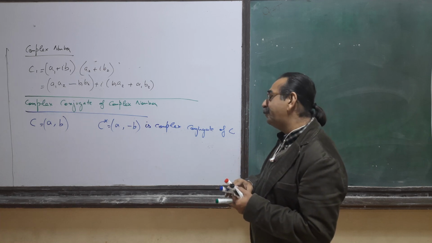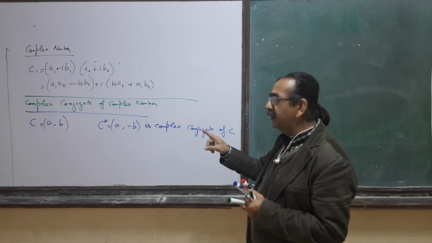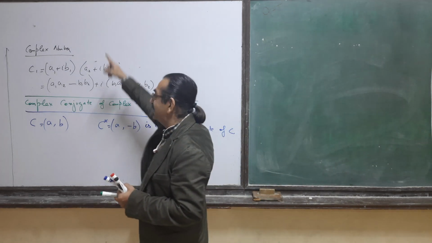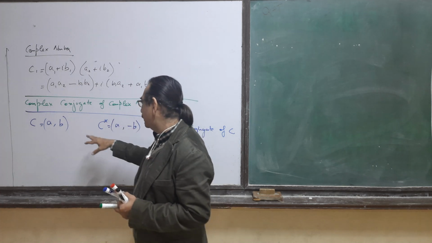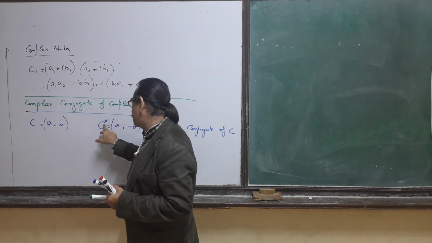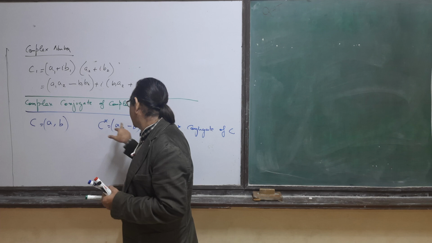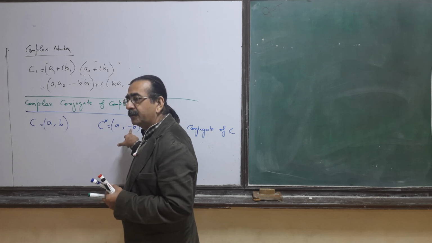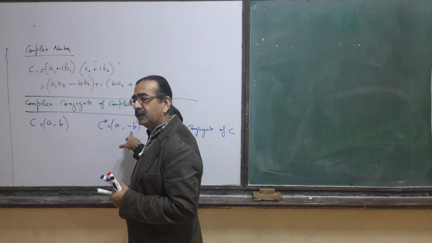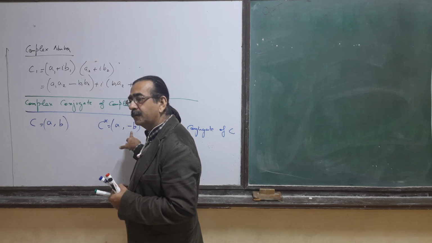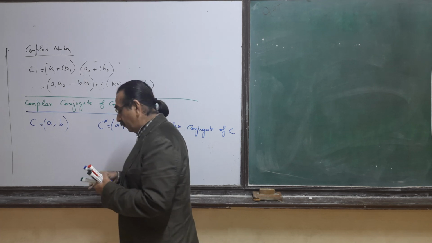A and B both are real, but the axes are a measure. The change happens when we take the complex conjugate: only the sign of B will be changed. Got it.